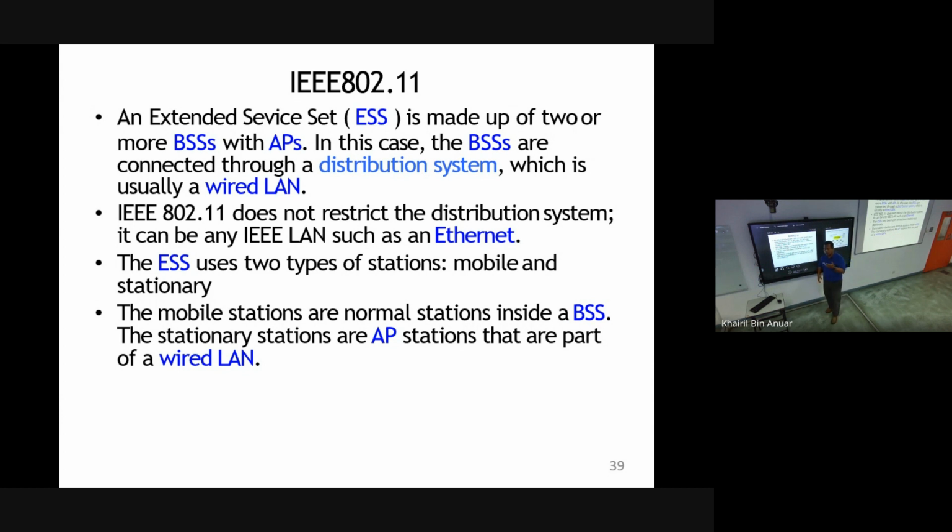During one of the experiments, I told some of you that rather than connecting to MMU Wi-Fi, you have to connect to your own mobile access point to do the experiment. Because MMU is using the ESS, whereas what we wanted for the experiment is the BSS, the basic service set.